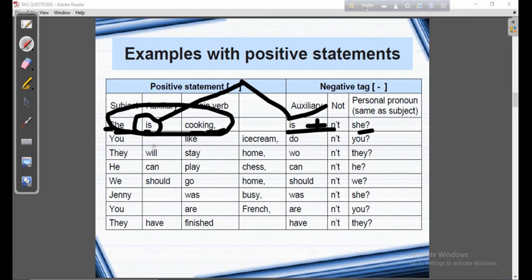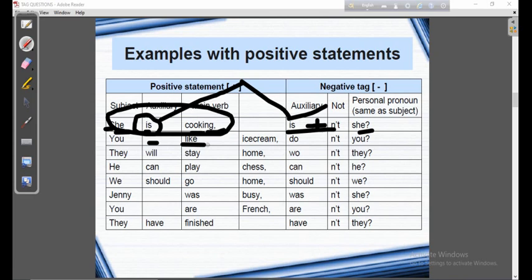You like ice cream, dear students? Here the auxiliary verb is missing, and the main verb is like. In present indefinite tense or present simple and past simple, actually we will have to use do, does or did to make it negative or to make it interrogative.